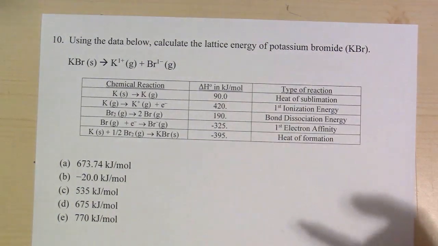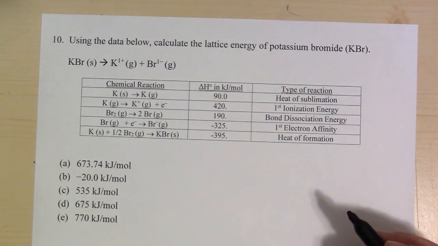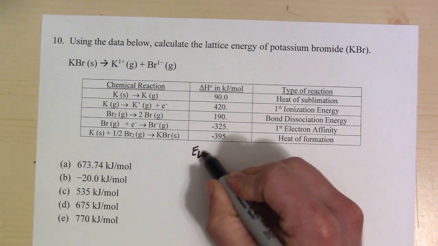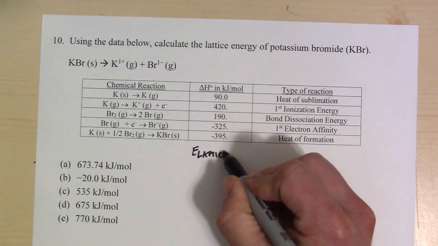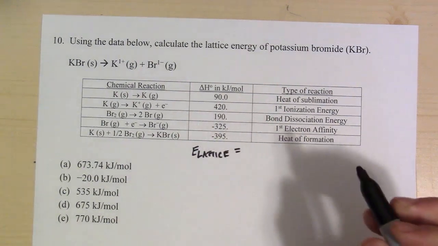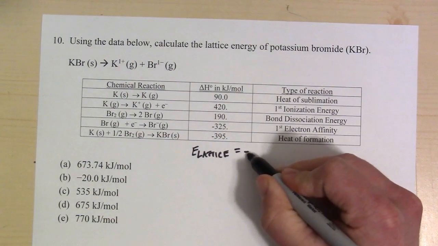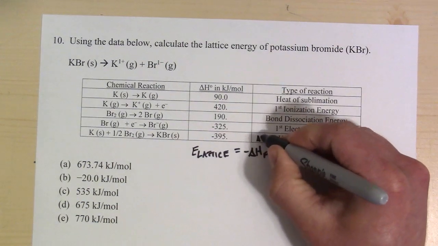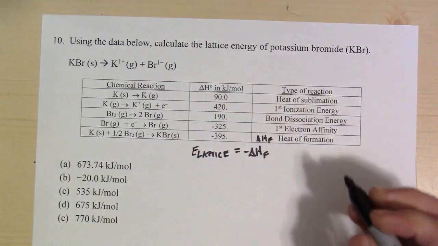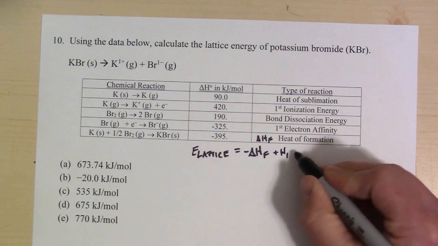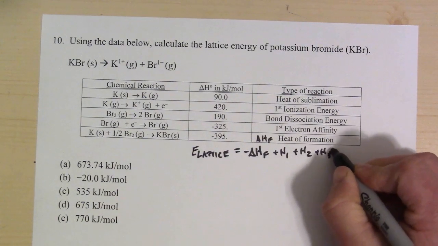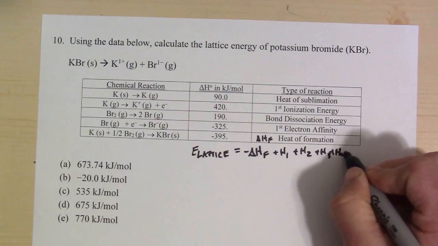If you remember the equation for lattice energy calculation, the energy of the lattice is equal to negative delta H F, which is the heat of formation, plus H1, H2, H3, and H4.